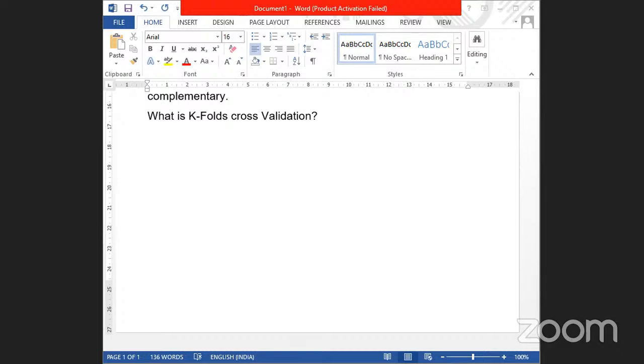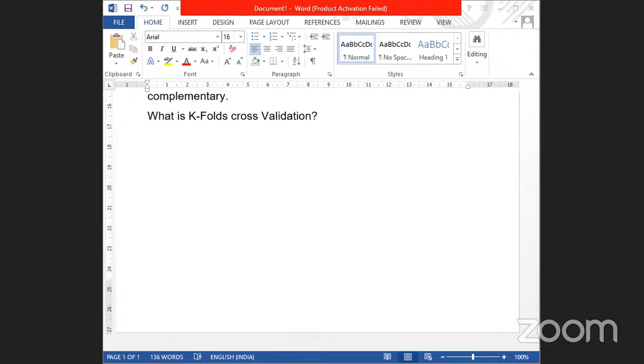And then the second step, after splitting the data, is to fit the model using k minus 1 folds and validate the model using the remaining fold, and record the score and error, all those things.